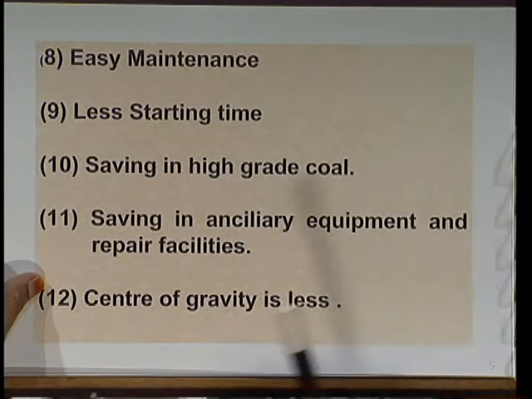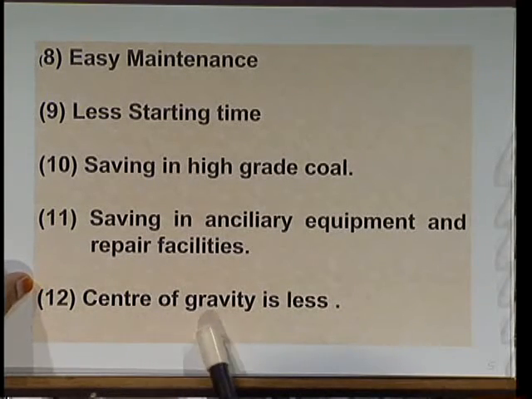The next advantage is that the center of gravity is less. The center of gravity of an electric locomotive is much less compared to a steam locomotive. This enables steep curves on the gradients.